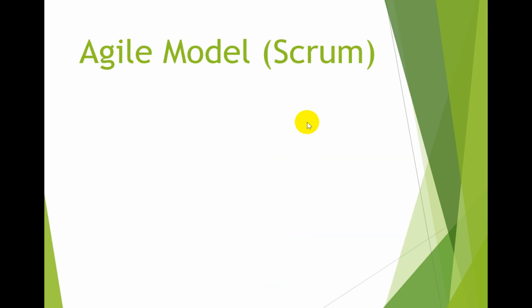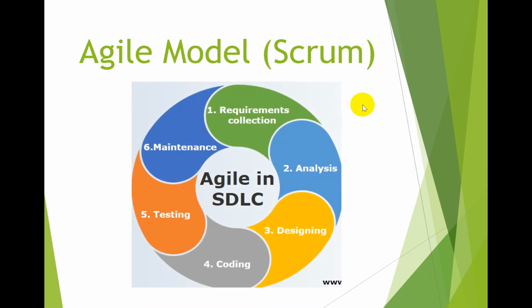Now next is the agile model, and this is a very important model. Pay attention here, and you will understand what exactly the agile methodology is. As part of the agile methodology we have these stages. The first stage is requirement collection. Here all the requirements are collected from the client, and this happens through the business analyst.